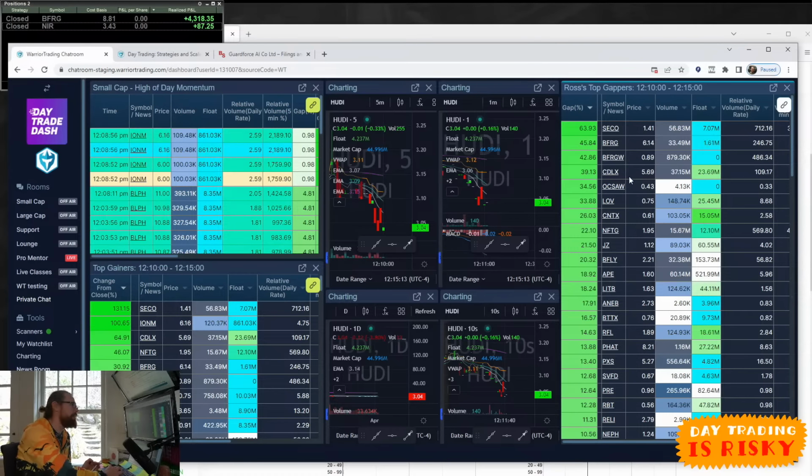And then you have something like CDLX, 23 million share float. We got a move on it. Wasn't quite as big, but we did get a move on it. These ones down here with higher floats, 153, 500 million. No, you're not going to get much on that. Maybe you'll get 5 or 10%, but most traders are going to be so focused on these ones up here that these just take a back burner.